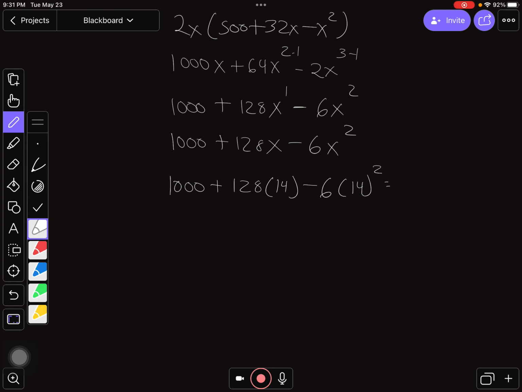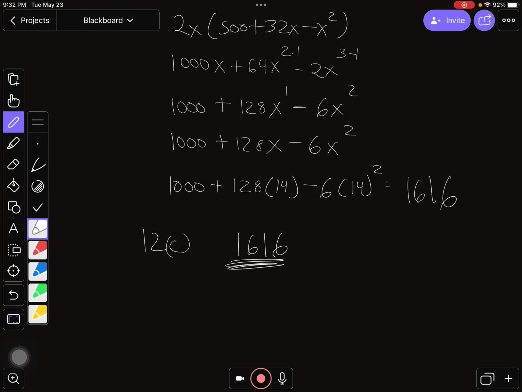And when I do that, I get 16. Let me just double check, make sure I put all my numbers in right. Minus 6, 14 squared, yeah, 16. So the answer is 1616. That's your marginal revenue.